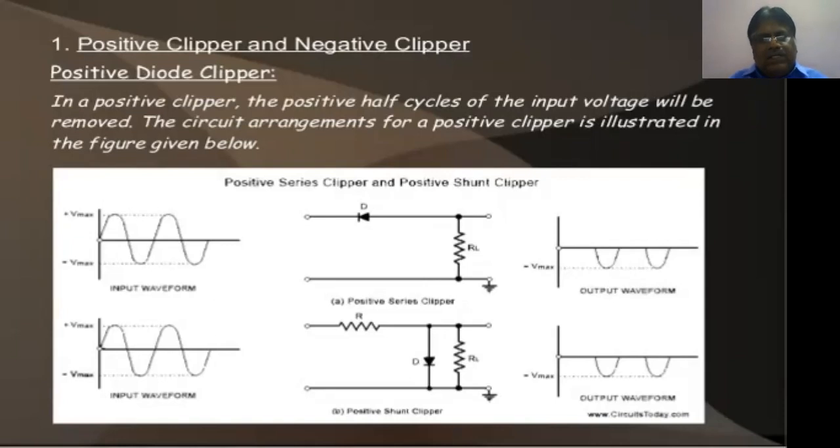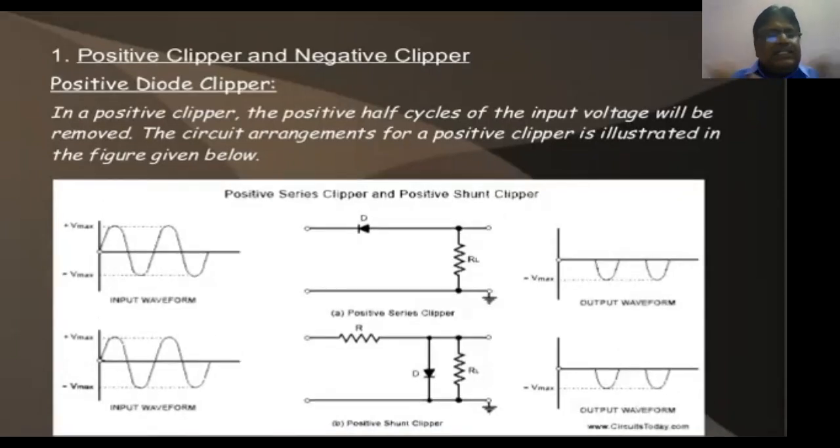Next, shunt. The diode becomes parallel with the RL. That is the positive shunt clipper. Here is one important point. What does a positive series clipper mean? In a positive series clipper, the diode is connected in series with the load resistor RL. That is a series clipper.